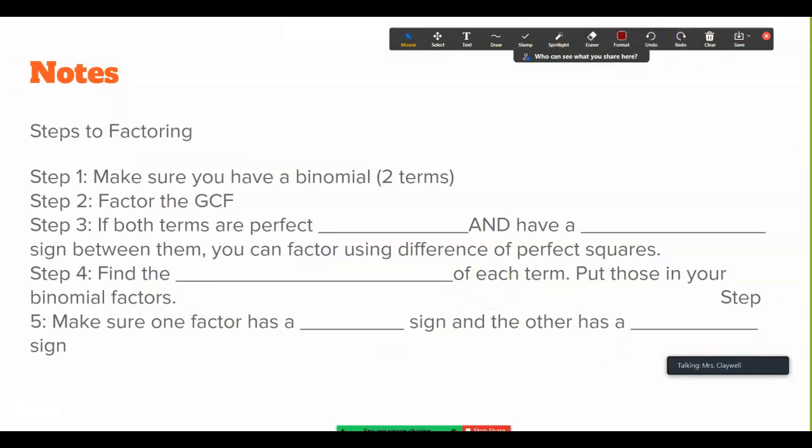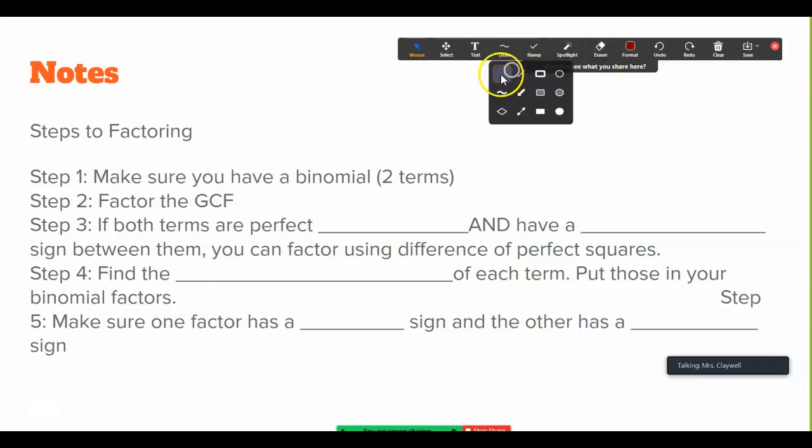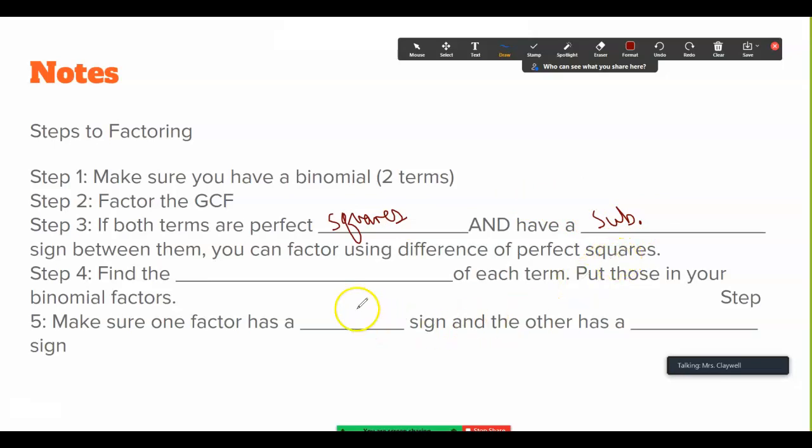So what we're now going to learn how to do is factor. We need to make sure we have binomials, which just means two terms. Make sure that we factor out the GCF. If both terms are perfect squares and have a subtraction sign between them, you can factor them using difference of squares.